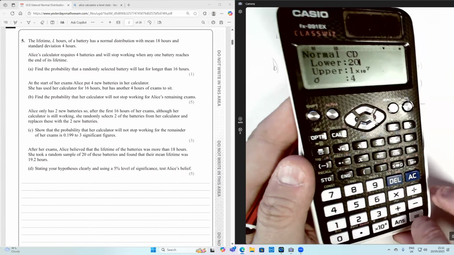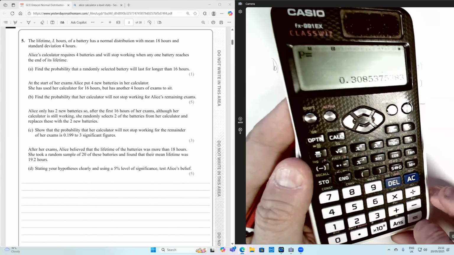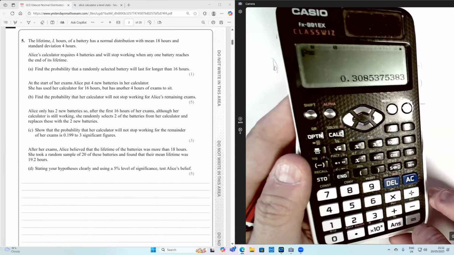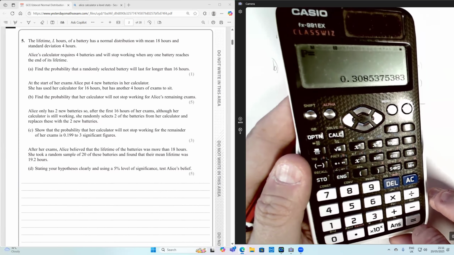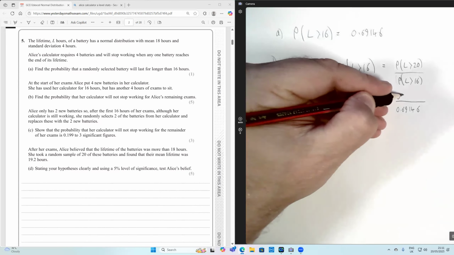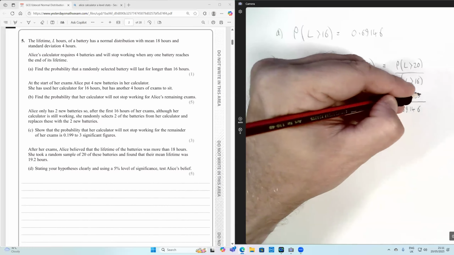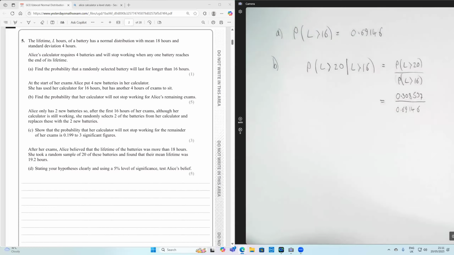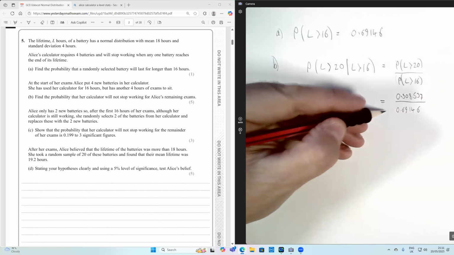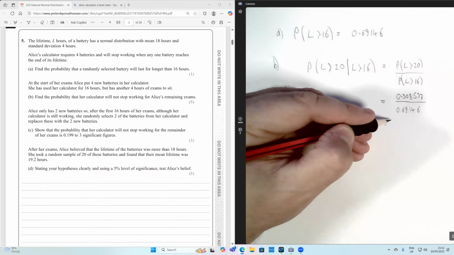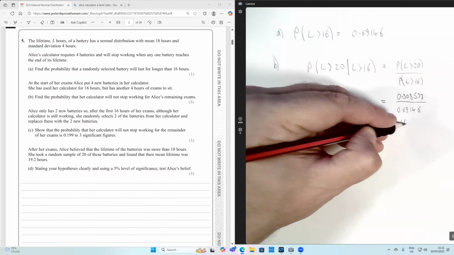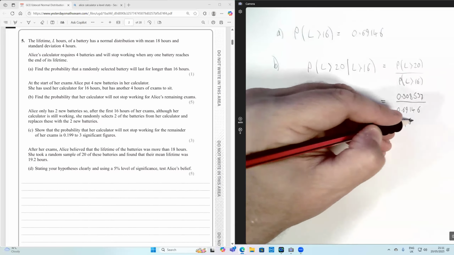Pop that in, and I now find that that is 0.308537. So when we pop that into the calculator, that gives us 0.44621.